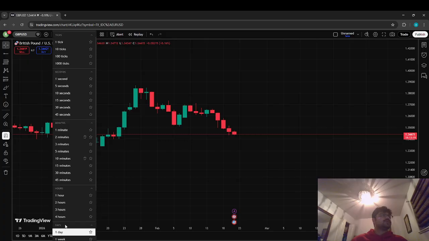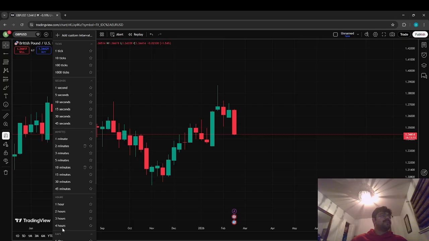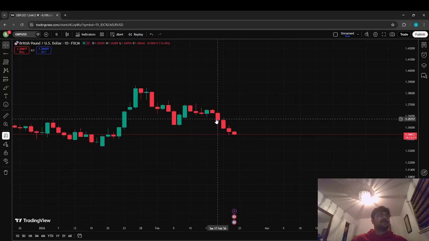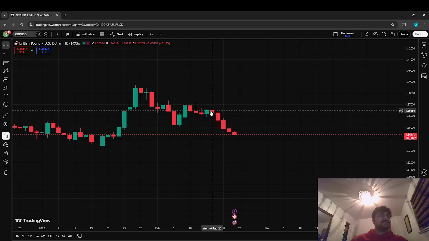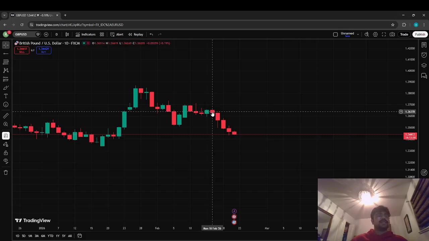I want to make sure that we're doing this. 16th Feb, okay? 16th Feb on the daily. Okay, 16th Feb, that we can see that it never closed. On the 13th, market closed bullish. So 16th Feb, market was still bullish.